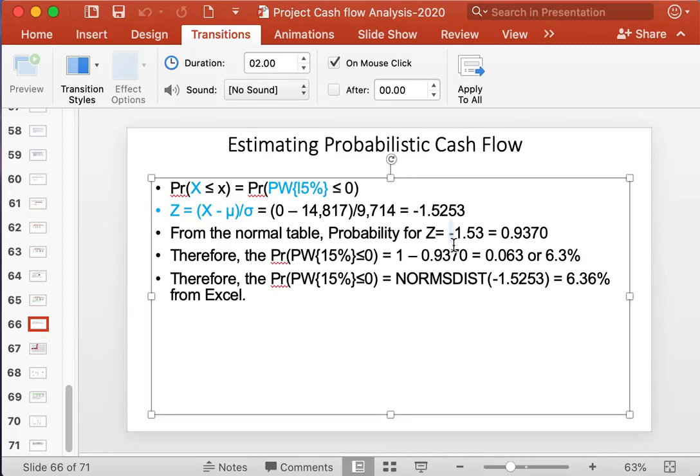Since the z value is negative here, that means this 0.9370 indicates the probability of the net present worth greater than 0, not less than 0. So that is why, to find the probability of net present worth being less than 0, we have to subtract 0.9370 from 1.